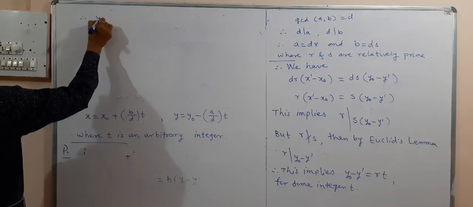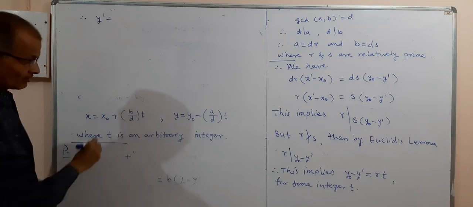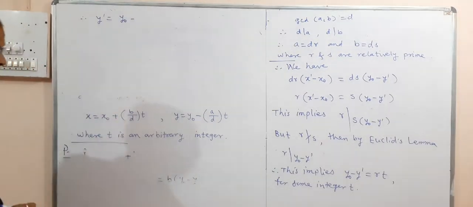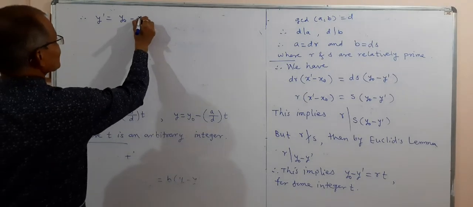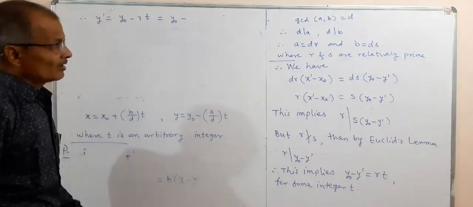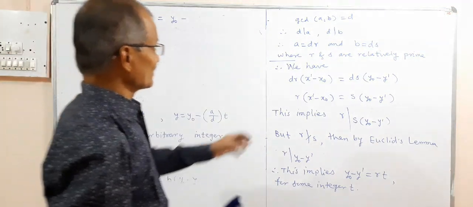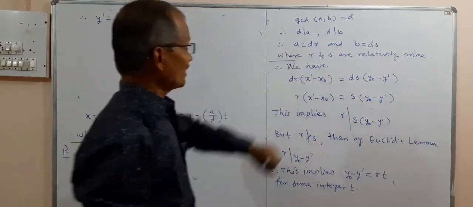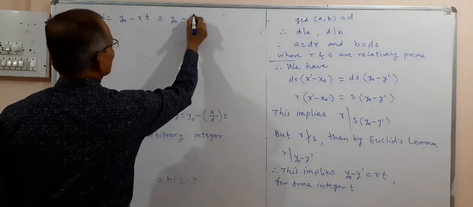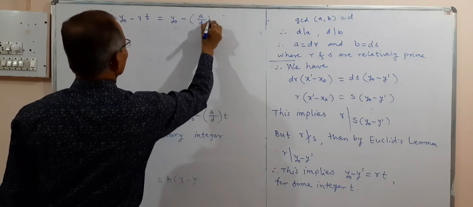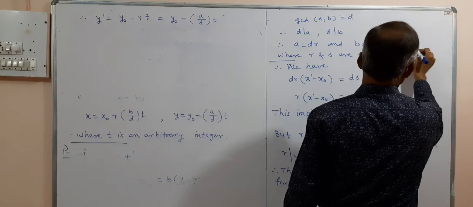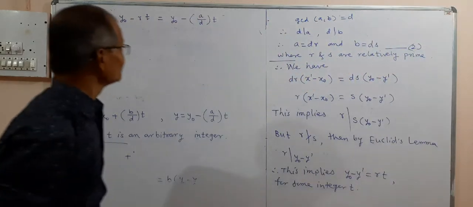Therefore y dash will be y naught minus rt. And what is r? From this relation, you see, r is a divided by d, and thus we can write a by d times t, by this relation 2.